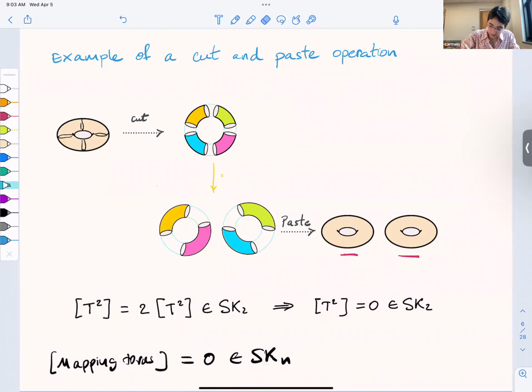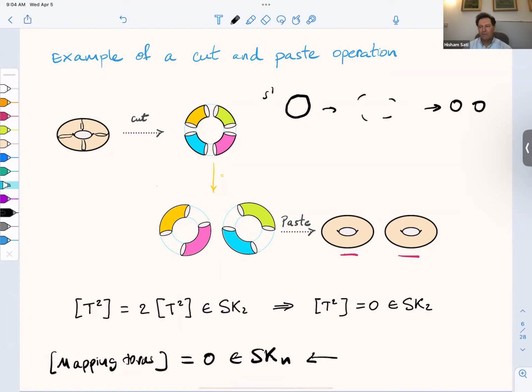I could even have given a more bare bones example, which is just the circle. If you just have S1 and you chop it up into 4 pieces and then rearrange, you're going to get 2 copies of the circle. So anything that fibers over the circle, you're going to be able to mimic that cutting, and then you're going to be able to see that it's 0.